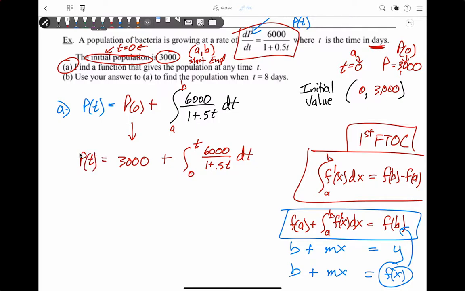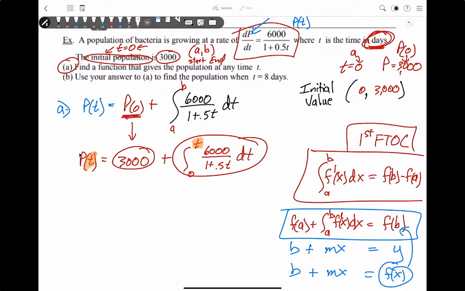Like if I wanted to know what is the population, let's say, since this is days, on day 15. This is almost like a model that you can even compare to today's current situation with coronavirus. You could say at 0 time there's 3,000 people infected, and this is the change that will occur after 15 days.